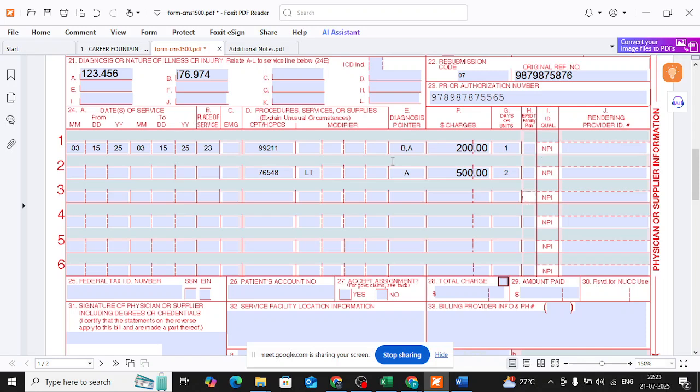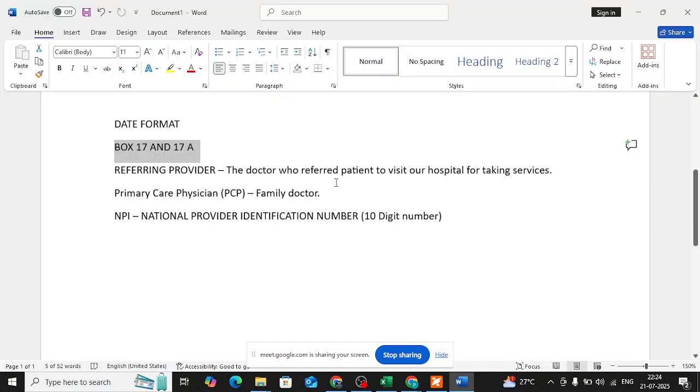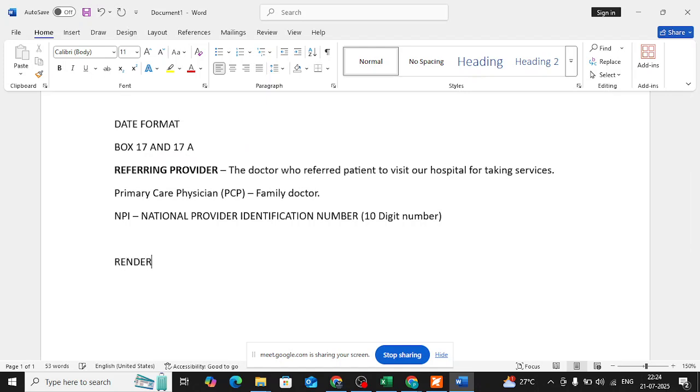Box number 24J is for the rendering provider. Previously we saw the referring provider. Referring provider means whoever refers that patient to come to our hospital for service. Next is the rendering provider.